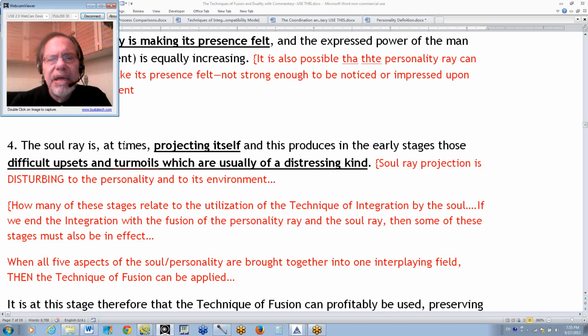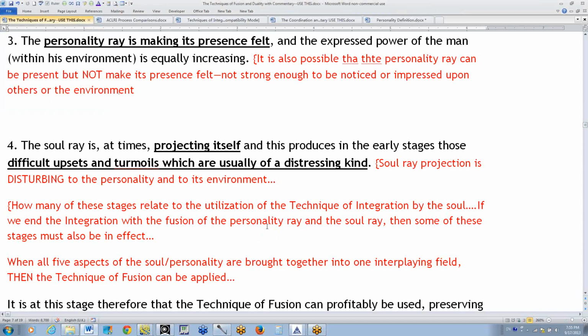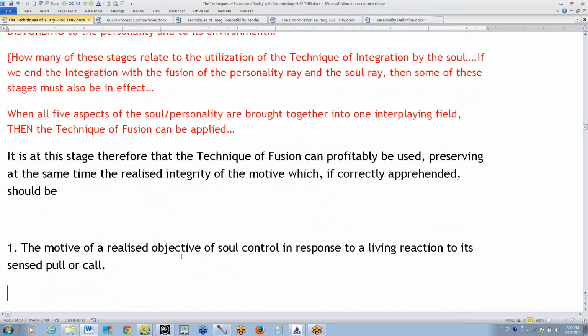These are high states and involve someone who is in possession of an impersonal revelation and who is integrated enough to do something about that revelation, to express it. So we'll keep the distinctions in mind and also the continuity which exists between these stages. It is at this stage, therefore, that the technique of fusion can profitably be used.